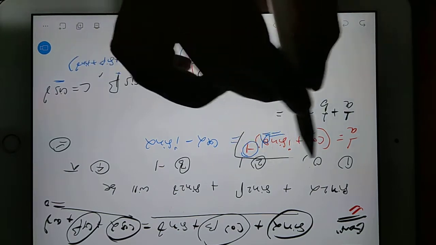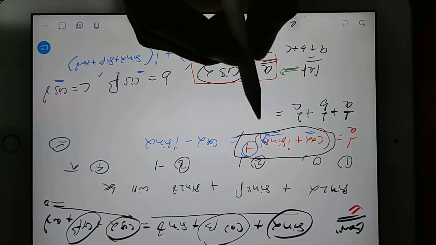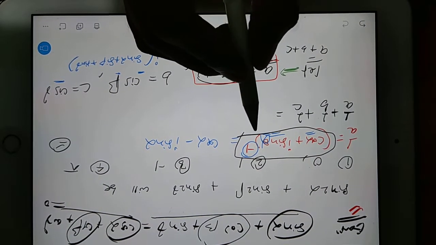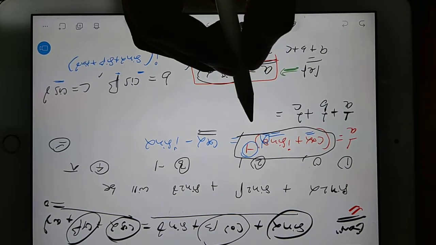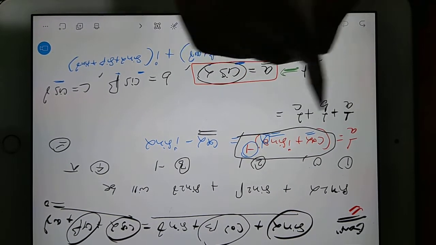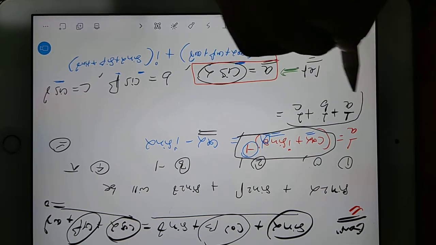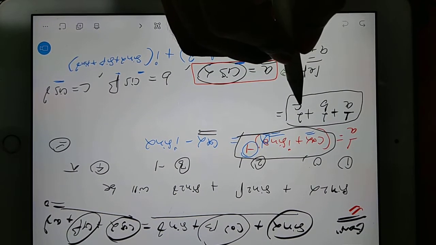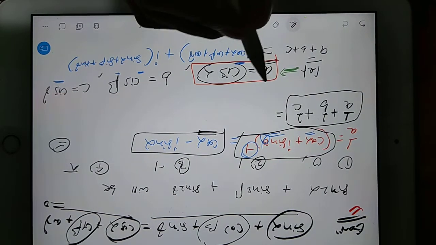So here De Moivre's theorem is helping us in this step. All the real parts I will consider together, and all the imaginary parts will come together. So that is nothing but this.